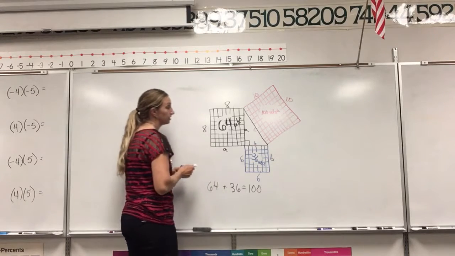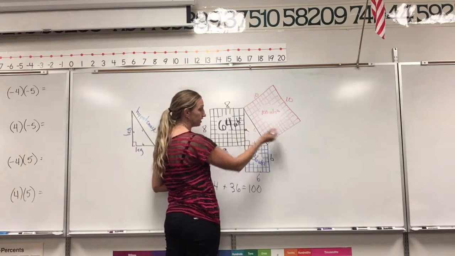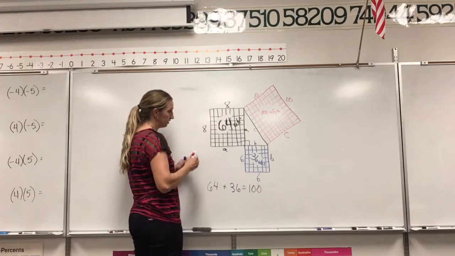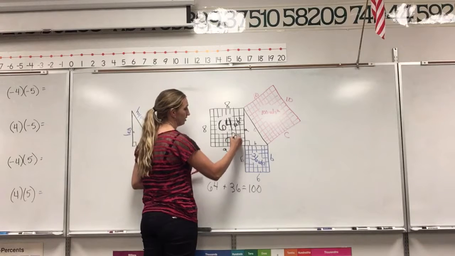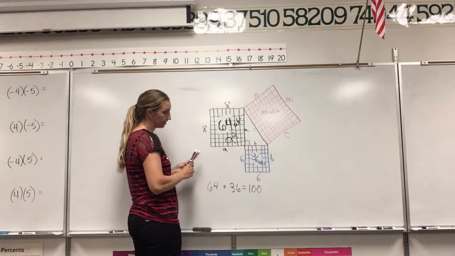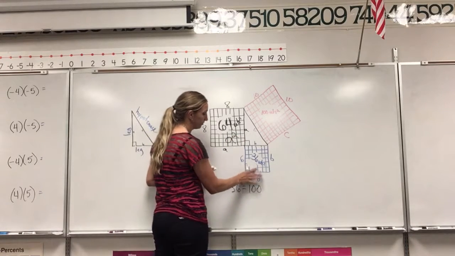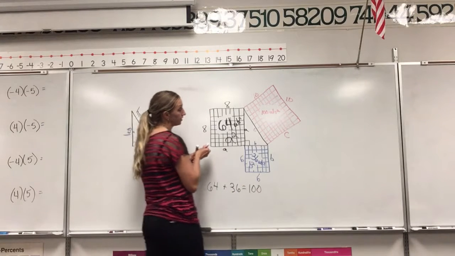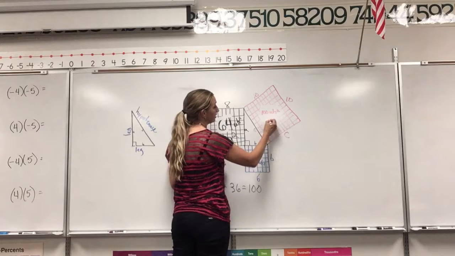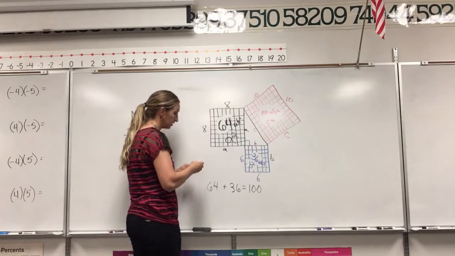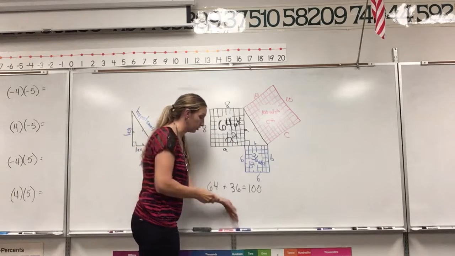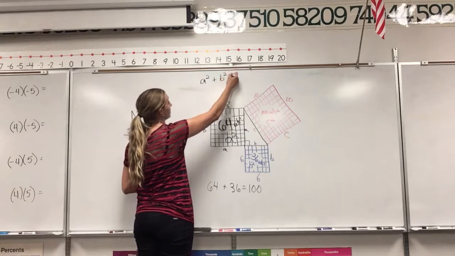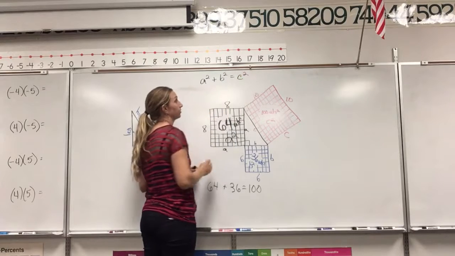And instead of being 10 by 10, think of it as c by c. Well, the area of this is a squared, the area of this is b squared, and the area of this is c squared. And so we found that this is true, that a squared plus b squared equals c squared.